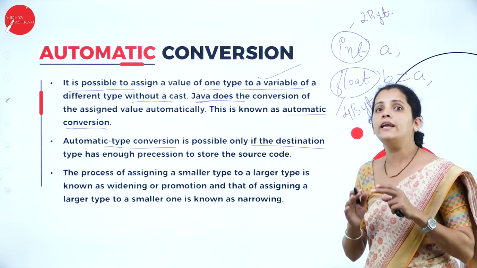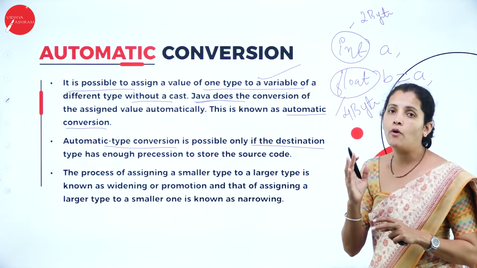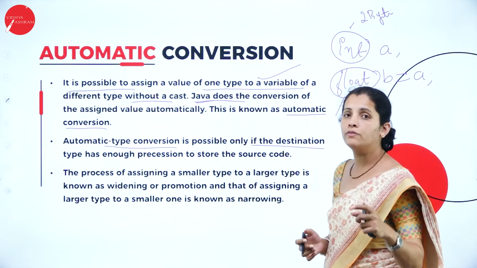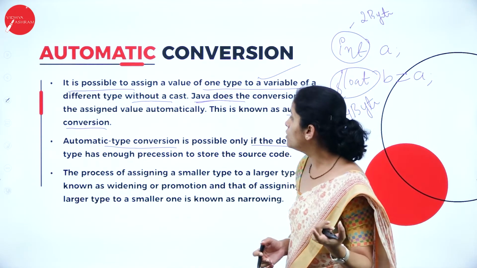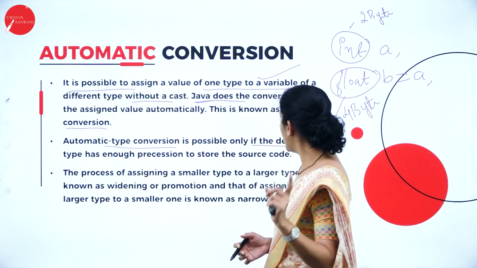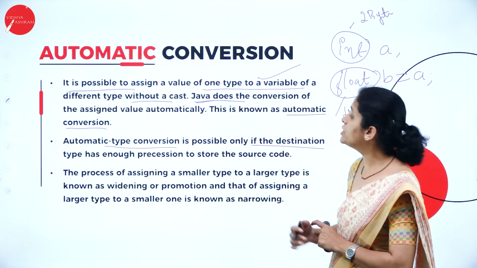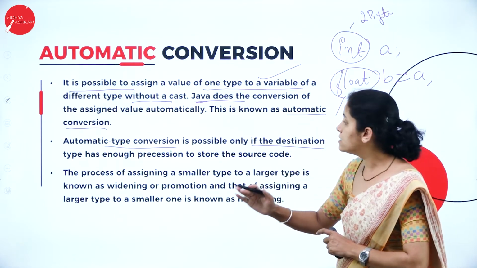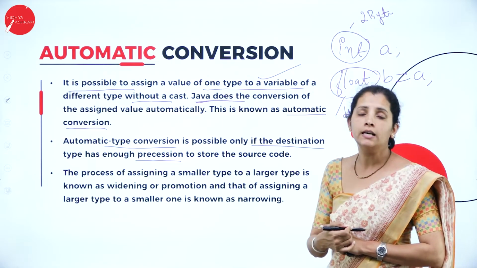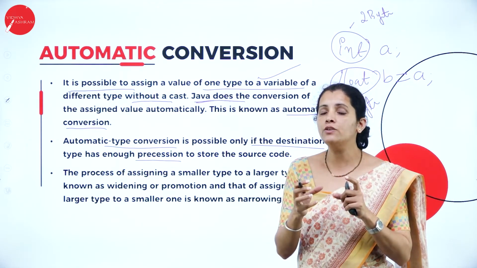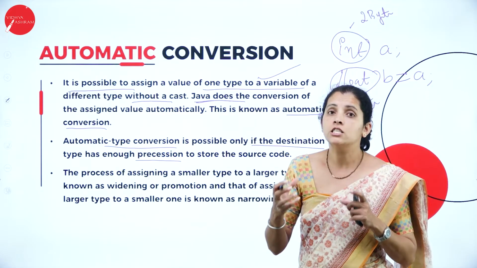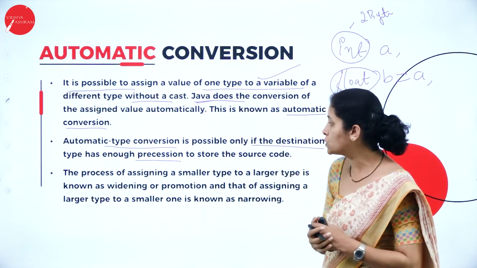That means I cannot convert float to integer. So automatic type conversion is only possible if the destination type has enough precision to store the source value. That means the destination variable must have enough storage space to store the source value.